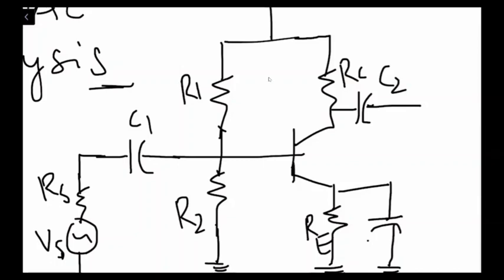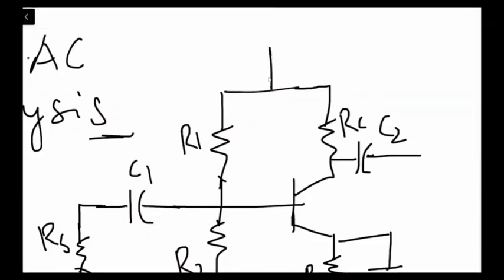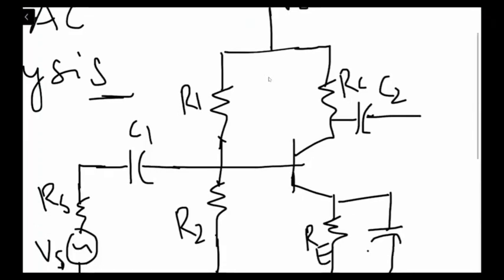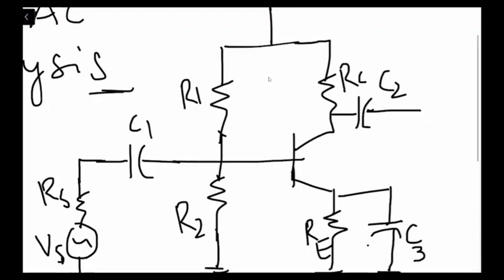With that, we have the DC biasing connected to the circuit, as well as the capacitor connected to the emitter leg, and we call it C3.